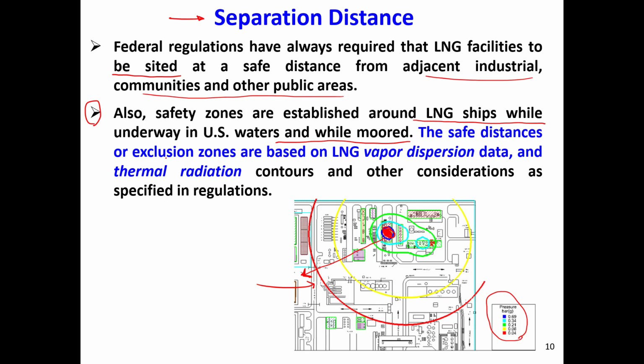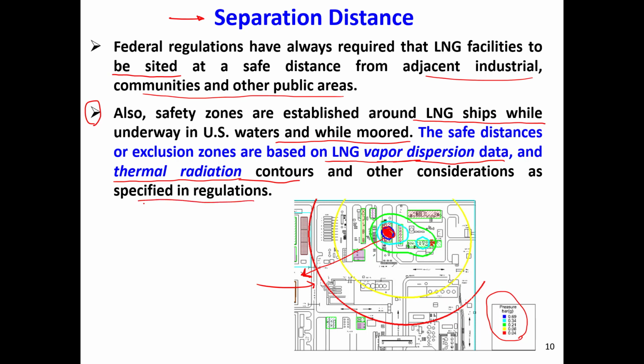And this safe distance is based on the vapor dispersion data that is available, LNG vapor data, and also the thermal radiation contours, as well as the other considerations that are in regulation.